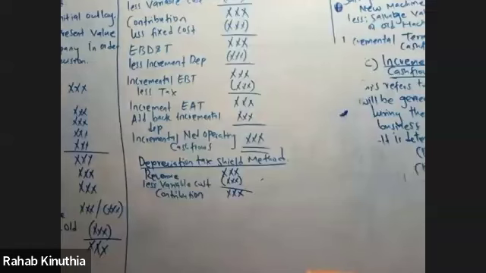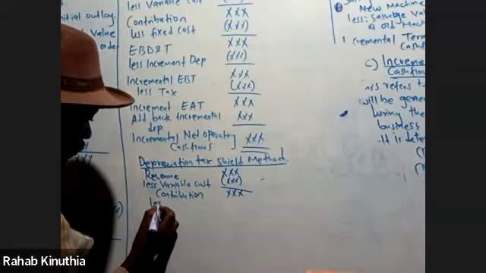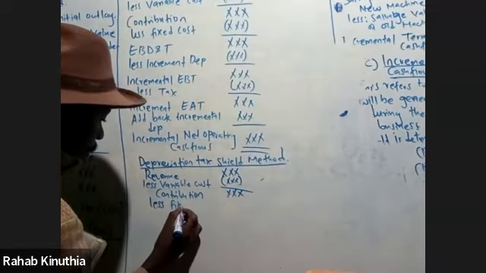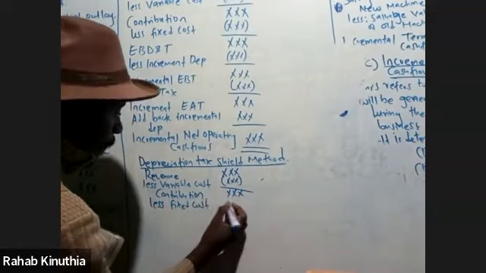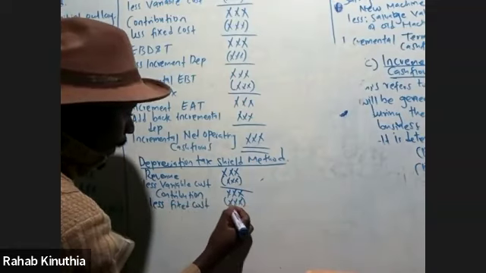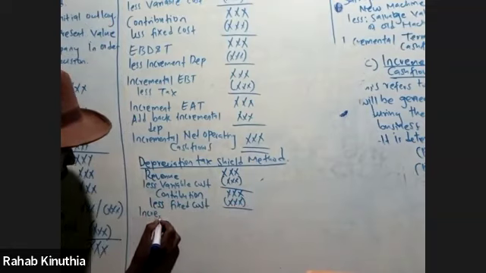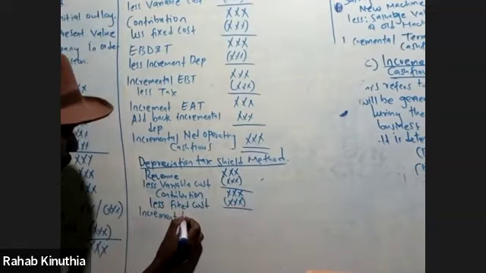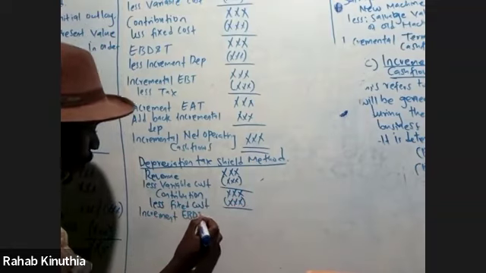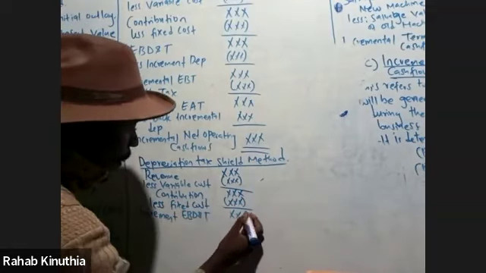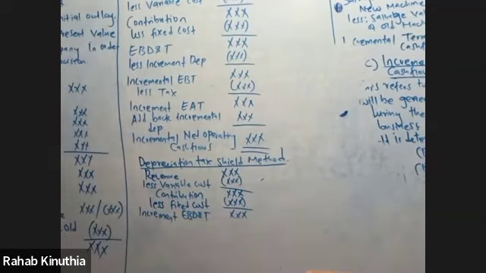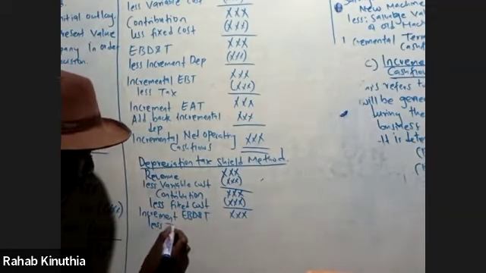Once we get contribution, we less fixed cost. If we less fixed cost, we shall get incremental earning before depreciation and tax. Now, in this case, we less tax.